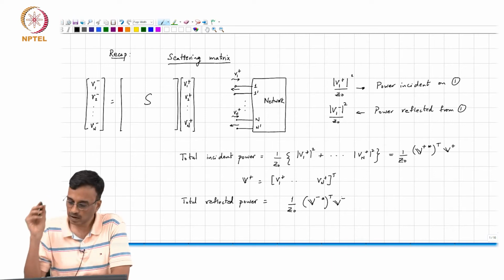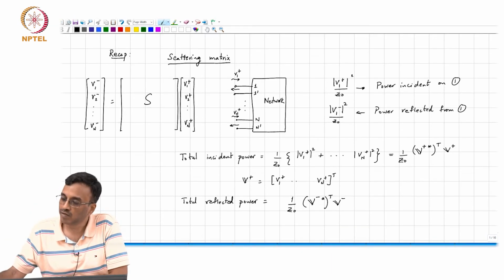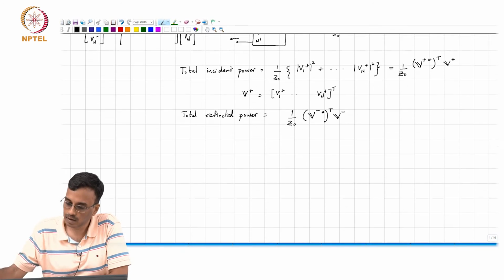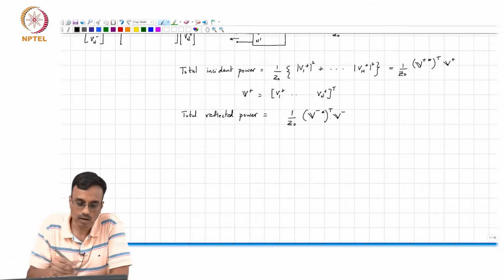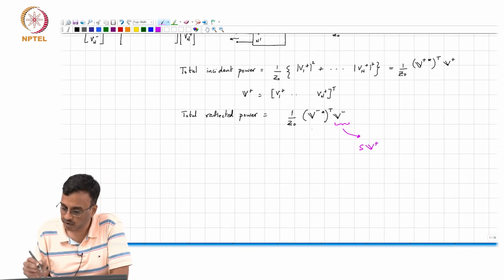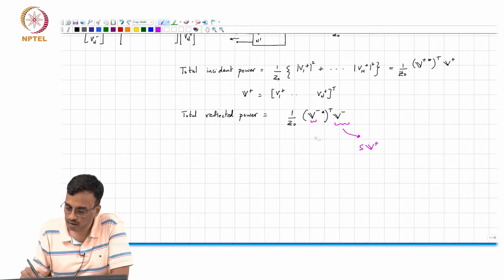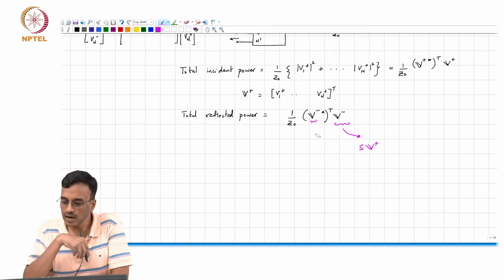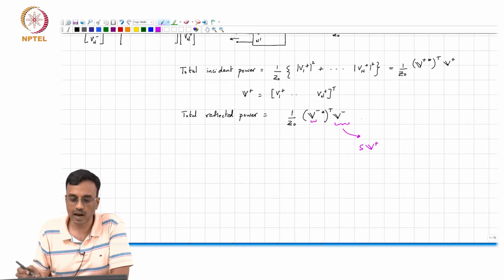All right. And what do we know about V minus in terms of V plus? This is nothing but S times V plus, and what is this guy actually? That is S times V plus again, that times star. So, that should give you its conjugate.